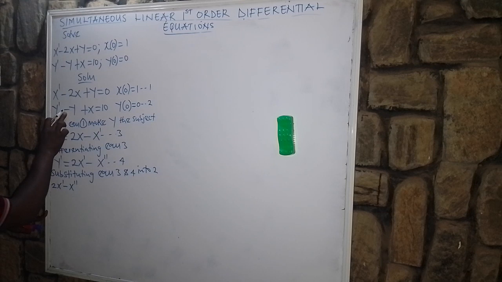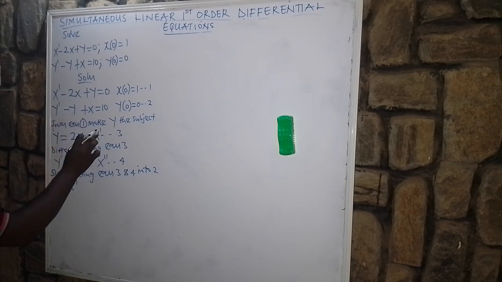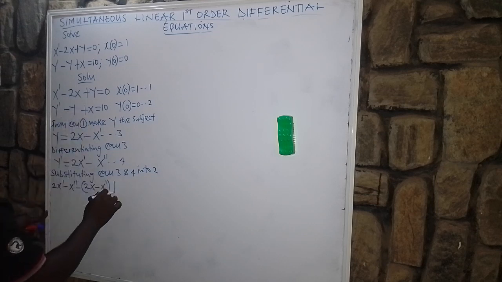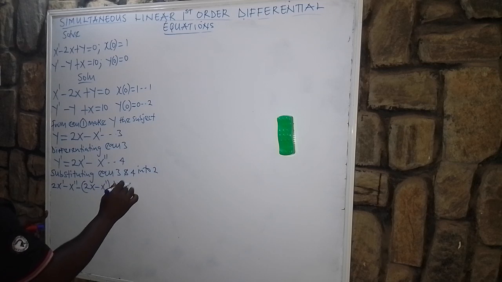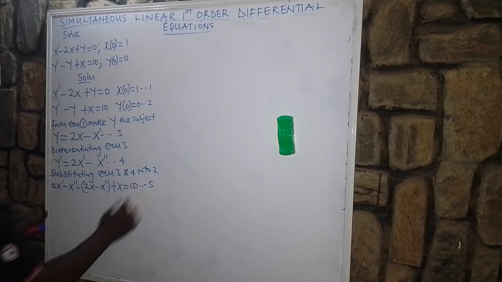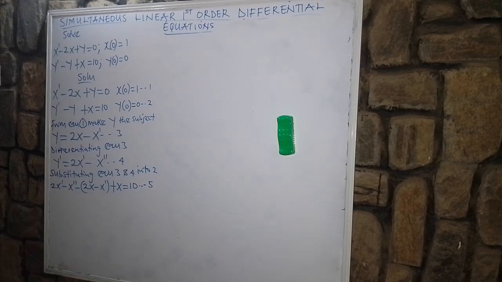Then this is minus y. Anywhere you see y, you write 2x minus x prime. So since it is minus, put brackets, don't rush: 2x minus x prime, close the bracket. Plus x, then equals 10. This is equation 5. Now we open this bracket.